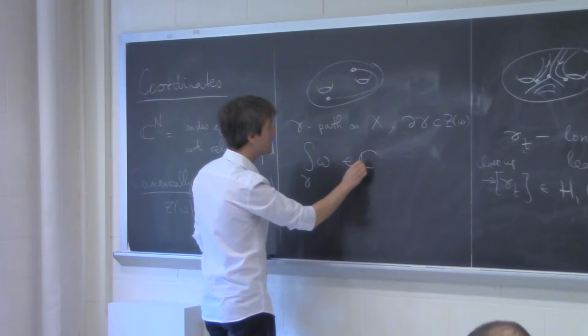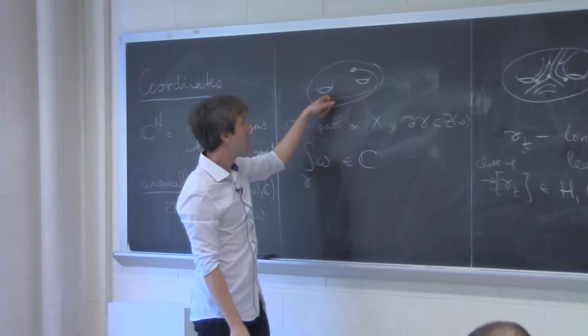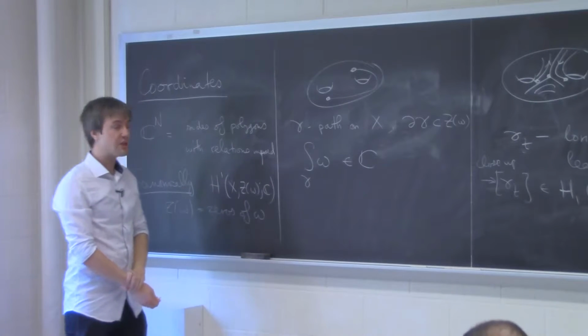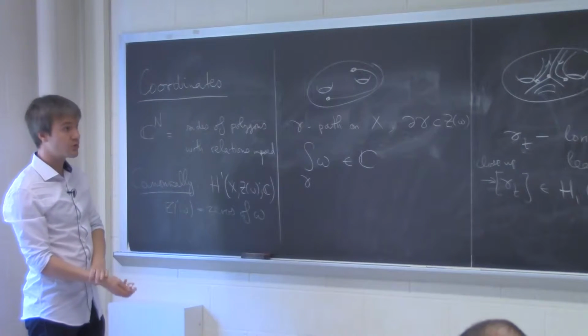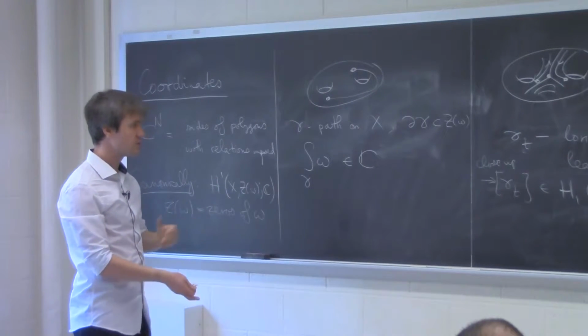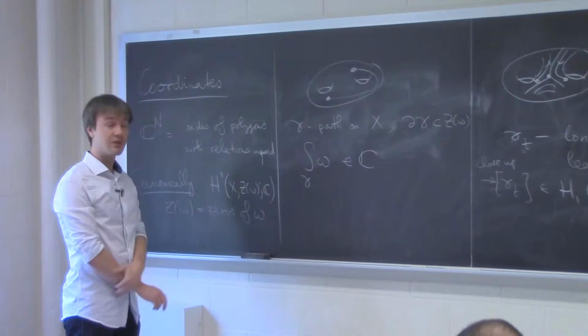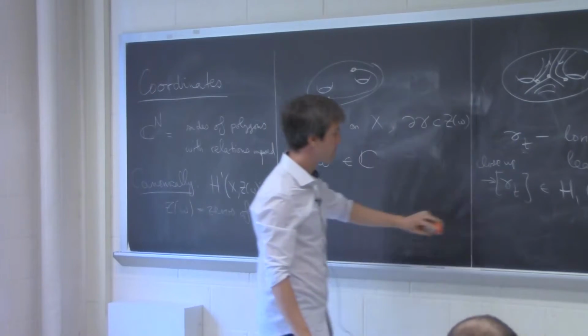So this is a complex number. You integrate this one form, and it gives you a complex number, which is the corresponding segment. Some of these paths will correspond to genuine segments in some triangulation, others might not. But this is the canonical way to describe these coordinates.